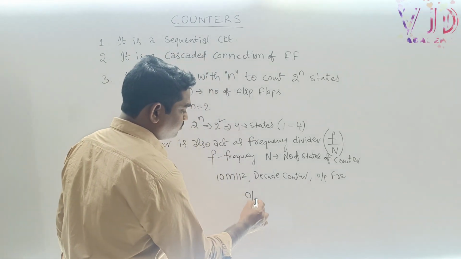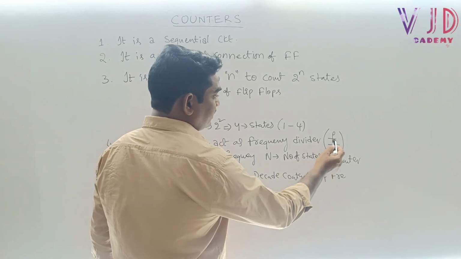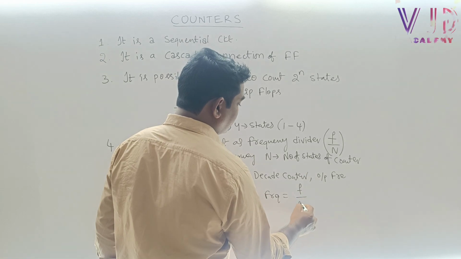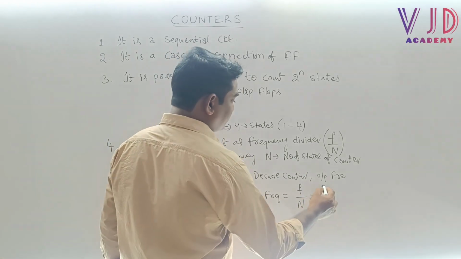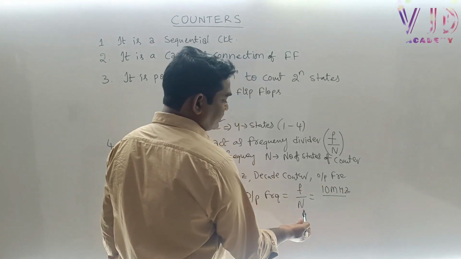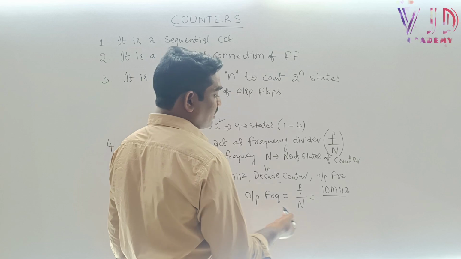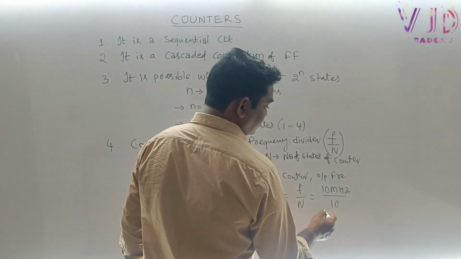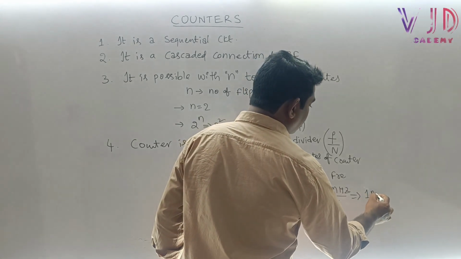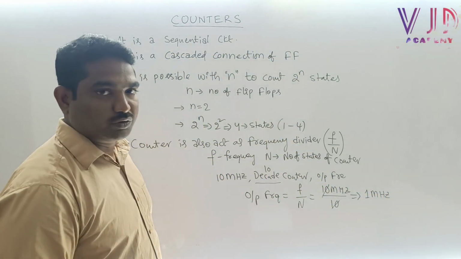Here output frequency equals the given frequency divided by n. f is 10 megahertz, and n, for a decade counter, means a 10-state counter. Both 10s will cancel. We can say the output frequency is 1 megahertz. This is the understanding of the fourth point.